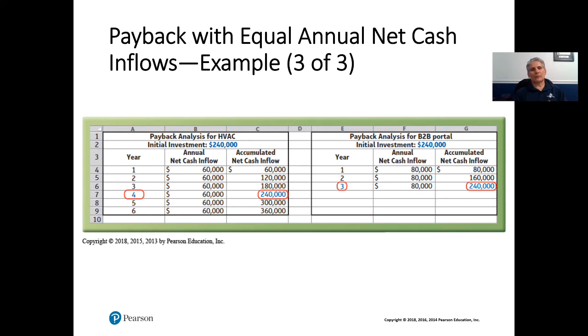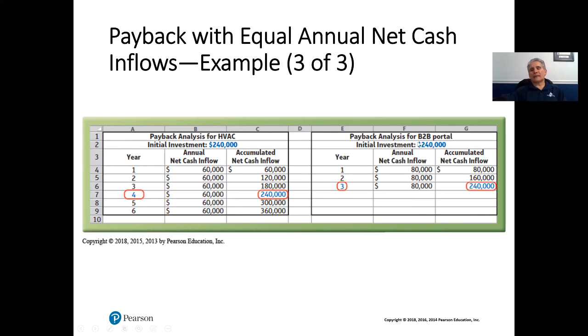So for example, payback analysis on the HVAC says it's going to take us 4 years to get paid back, right? $240,000 is our initial investment. But we're going to continue to receive savings for another 2 years after that. So you could see that we'll actually get up to $360,000 in savings for a $240,000 investment.